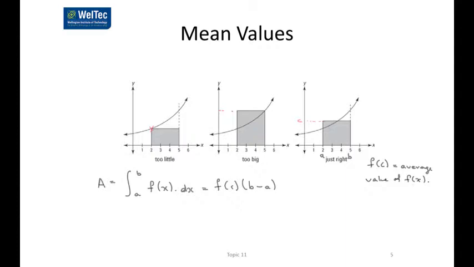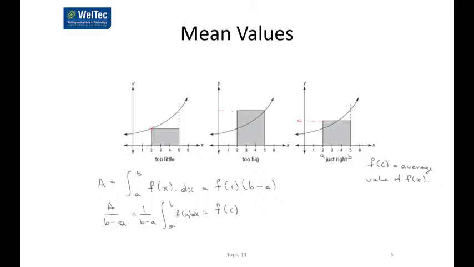So to find f of c, what we must be doing is dividing the area by b minus a, which also means that we must be dividing the integral by b minus a, or conversely we are multiplying it by 1 over b minus a. So that's where this formula comes about.